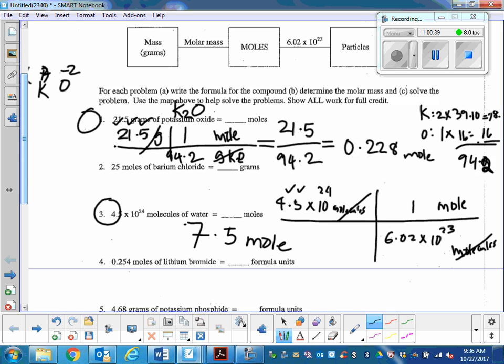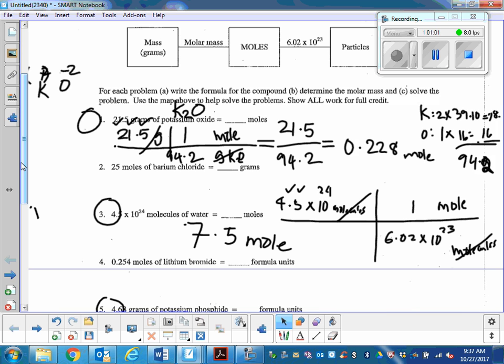Is it making sense? Or in other words, if 6.02 times 10 to the 23 is 1 mole, 4.5 times 10 to the 24 is how many moles? Is that the proportion we are solving? Does it make sense?